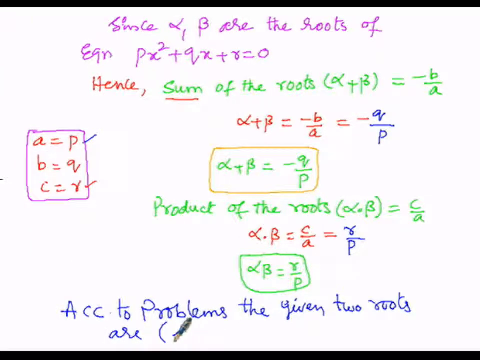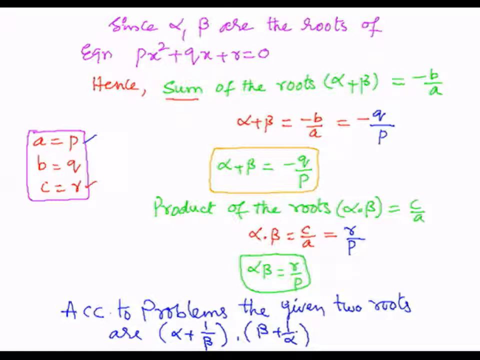So alpha plus 1 by beta is the first root and beta plus 1 by alpha is the second root. With the help of these two roots we have to frame a new quadratic equation.